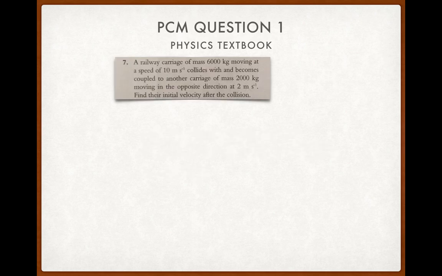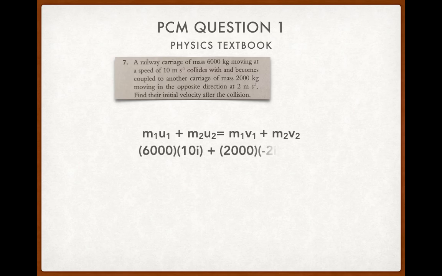Third example. Similar to the previous one, but the second object is moving to the left now. So we have a 6,000 kgs moving with 10 meters per second to the right, we'll say. And then there's another carriage of mass 2,000 kgs moving to the left. So we'll have to put a minus in there with the 2. They collide and couple together, so they stick together. So V1 and V2 are equal in this case.